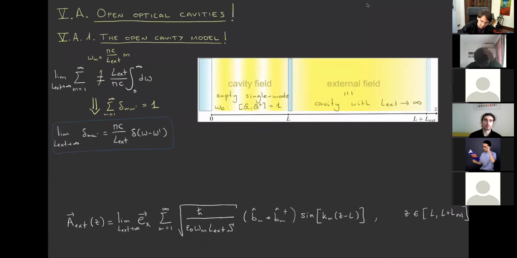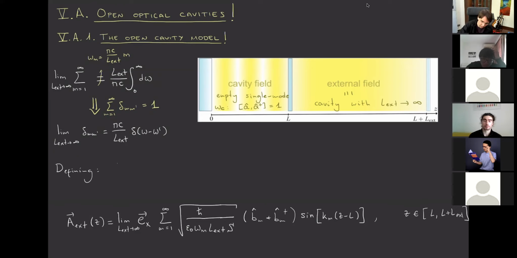So essentially, this is what we get when we go to the limit in which L external goes to infinity. The set of frequencies becomes continuous, so dense, and then sums are replaced by integrals, Kronecker deltas are replaced by Dirac deltas, and therefore we are going to change the annihilation and creation operators in the discrete modes m.